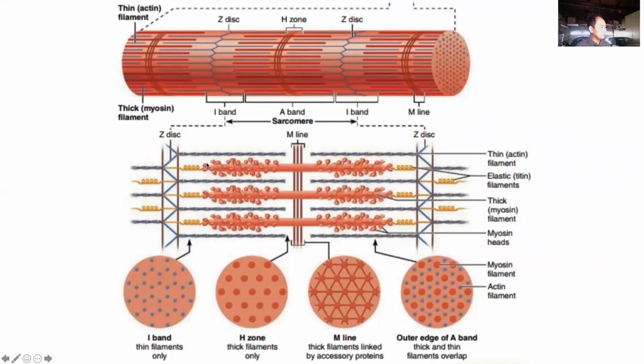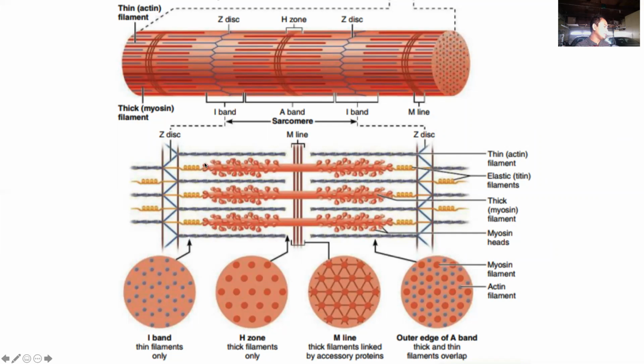Here, in this area, you are going to see both actin and myosin, and therefore we name it the A-band, because it is everything.